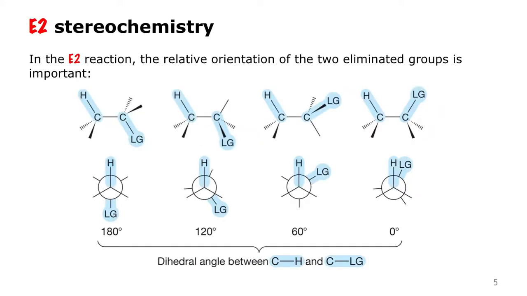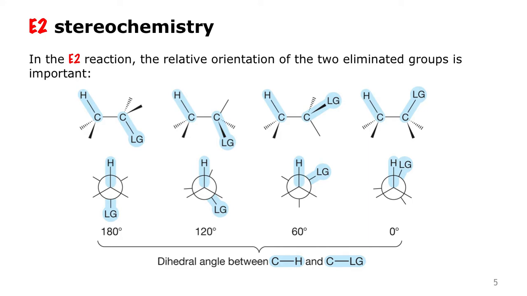An additional aspect that's important is the stereochemistry of the E2 reaction, and specifically the stereochemistry of the substrate as it undergoes this elimination. Because remember, this is a one-step elimination where the base deprotonates, the pi bond is formed, and the leaving group leaves all at the same time.